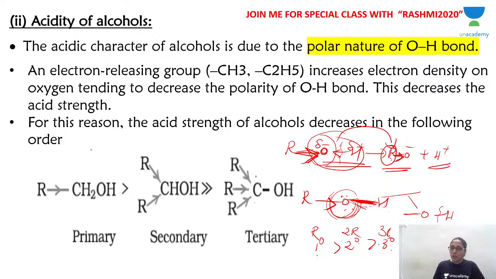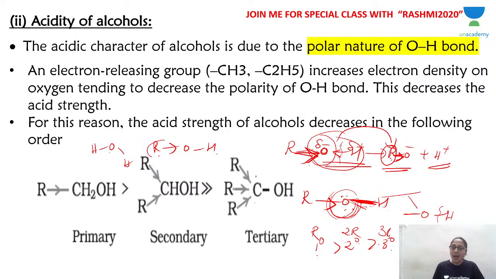Now I also told you water is more acidic than alcohol. So the first point is that alcohol is acidic, proven by the reaction with sodium, but weakly acidic. Why? Because of the electron donating R group. Now, why is alcohol less acidic than water? What is the difference between alcohol and water?